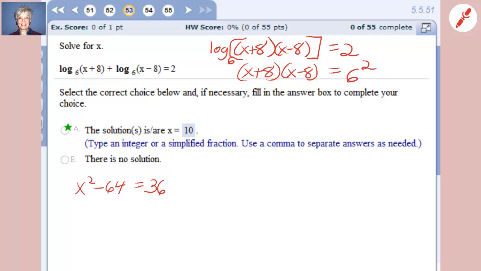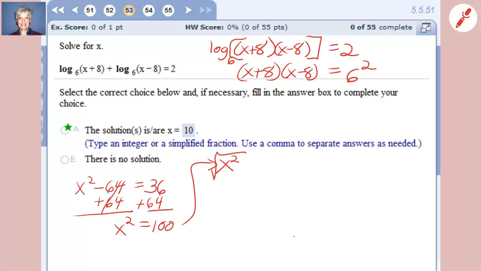Now, I can add 64 to both sides of this equation. So I'll have x squared equals 100. And so x, well, let's not skip steps.